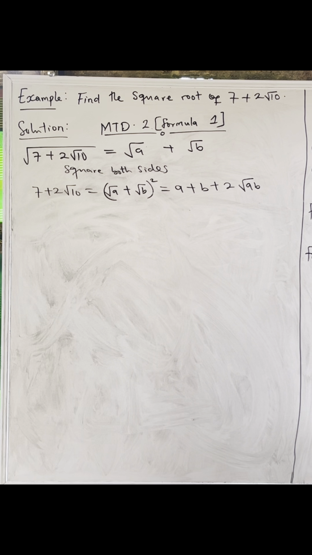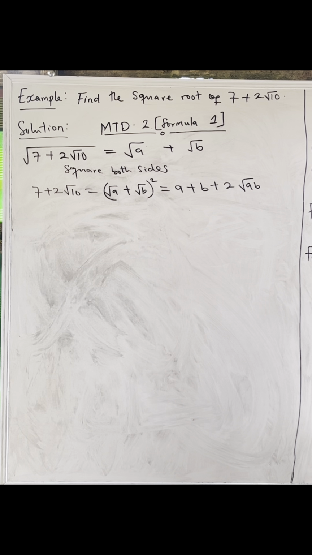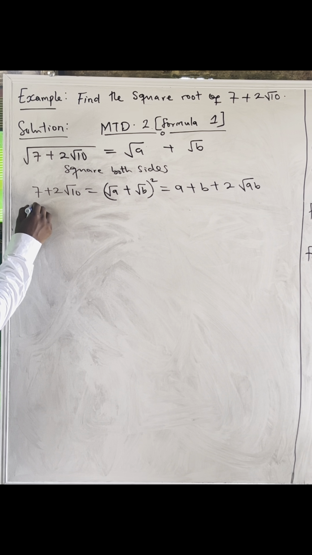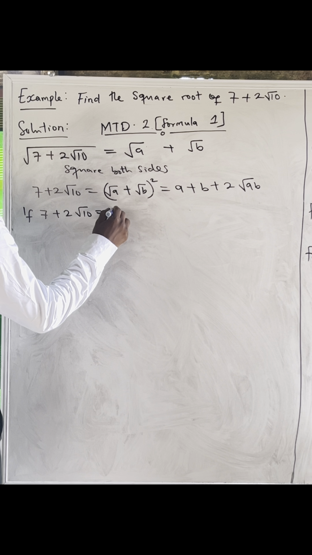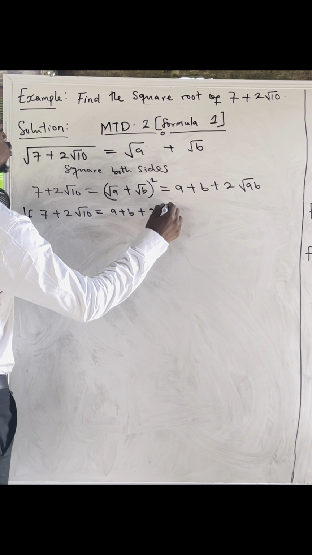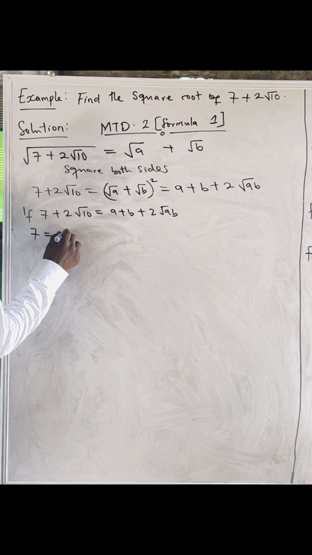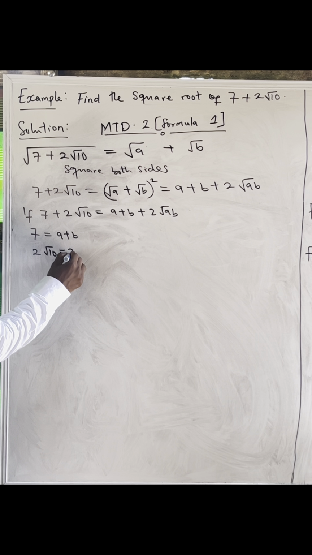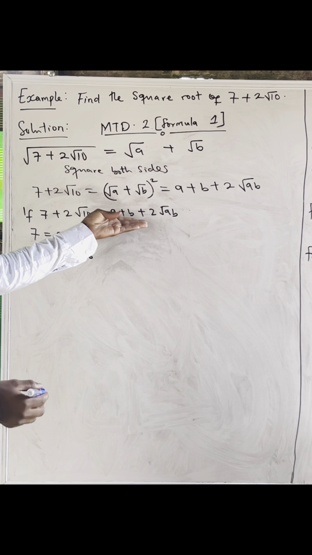So if 7 plus 2 root 10 equals A plus B plus 2 root AB, this simply means that 7 can equal A plus B, while 2 root 10 can equal 2 root AB.